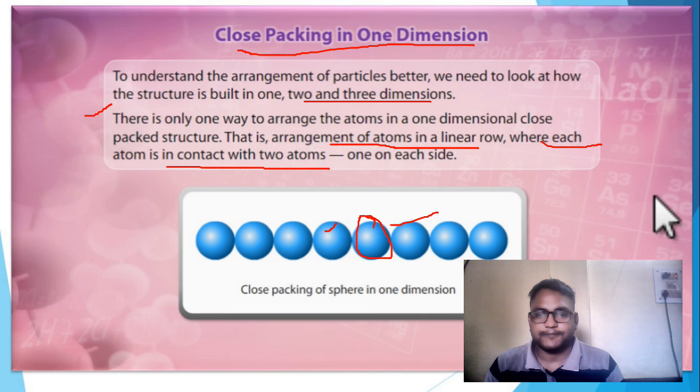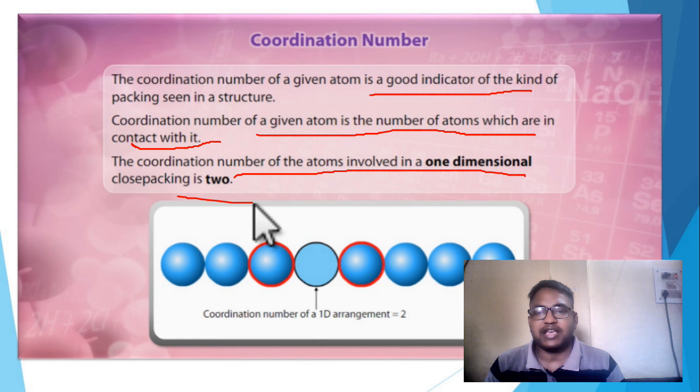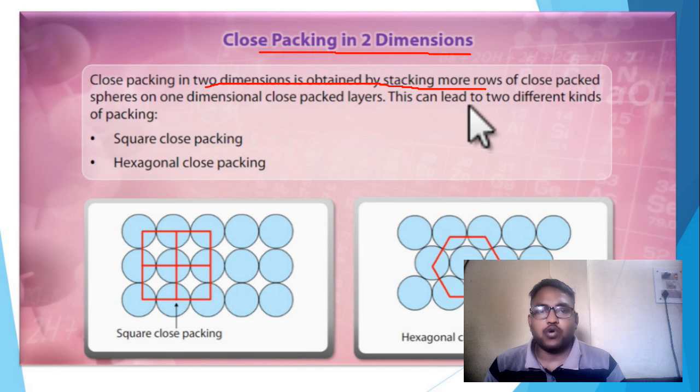Arrangement of particles in a solid. How particles are arranged in a solid, we have to understand about this diagram. Constituent particles, atoms, ions or molecules of solid are closely packed in three dimensional. Clear? 3D, three dimensional, x, y and z.